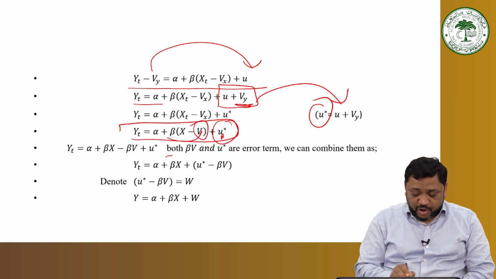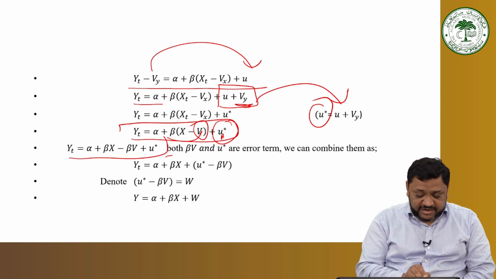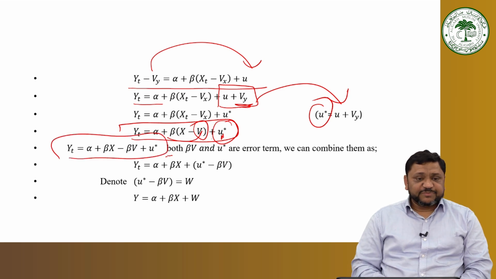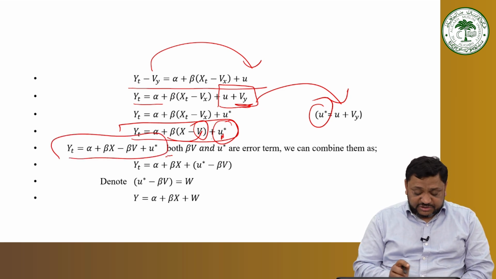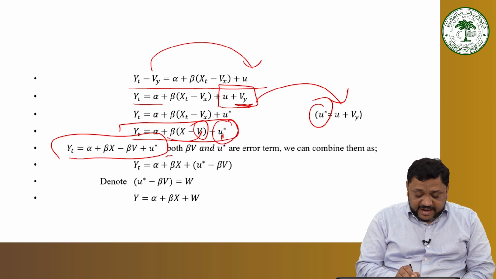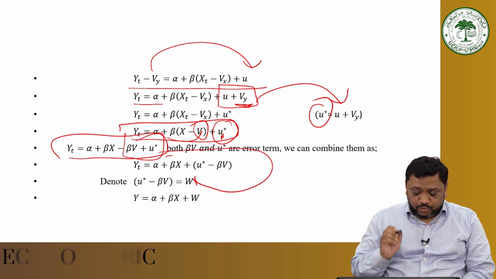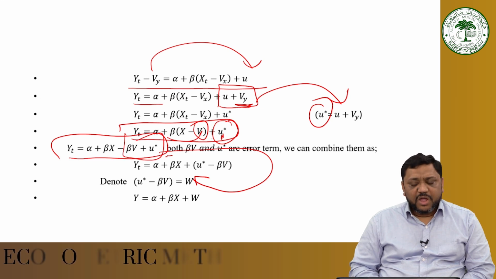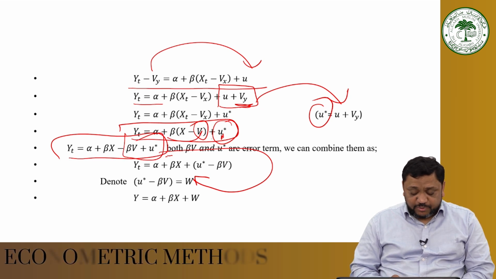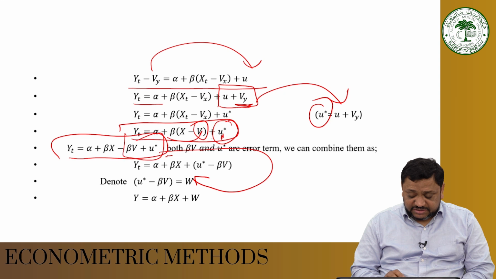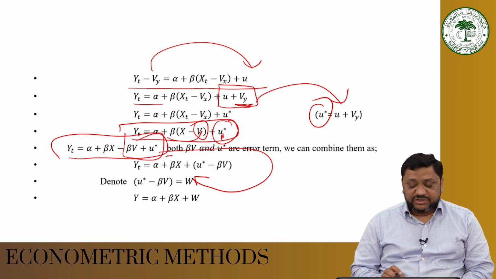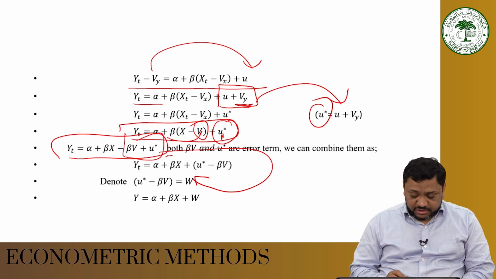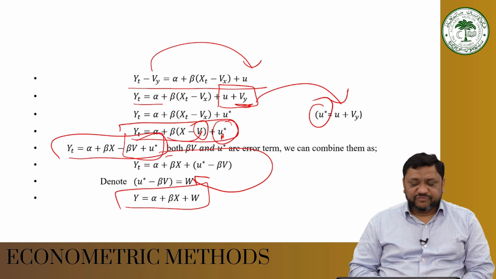So we open up this equation, we write it like this, yt is equal to alpha plus beta x minus beta v plus u asterisk, and we see that these two error terms form a composite, which we denote by w. So what is w? w is the composite error term consisting of u asterisk minus beta v. So now we write the final equation as y is equal to alpha plus beta x plus w.